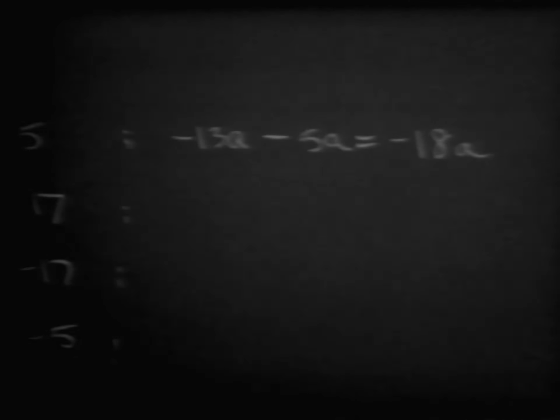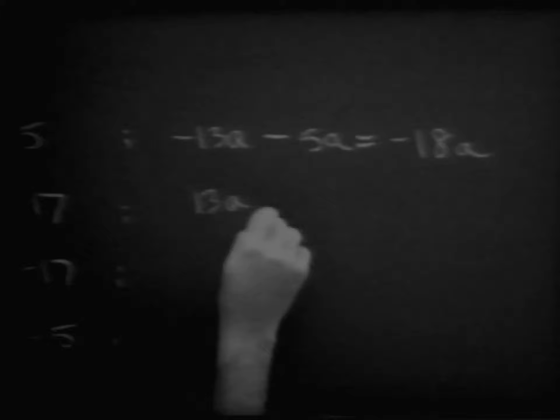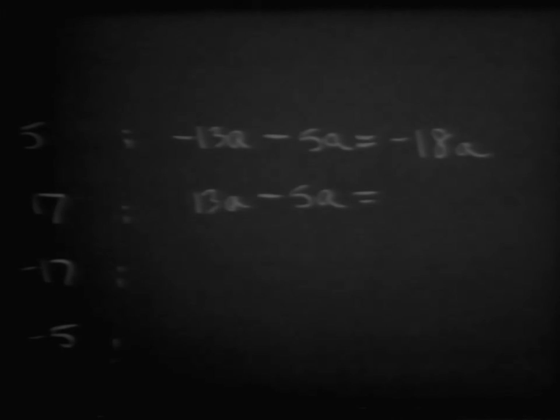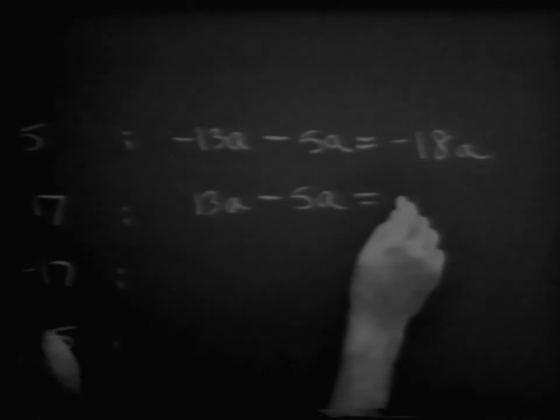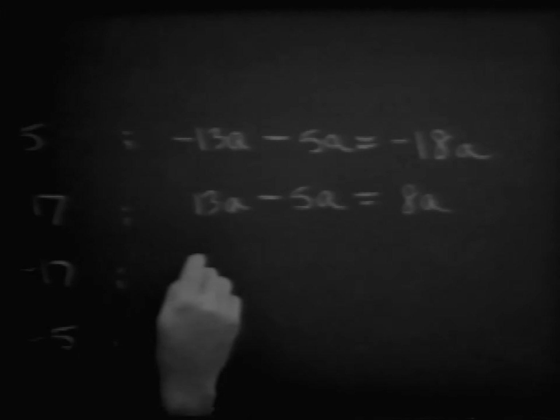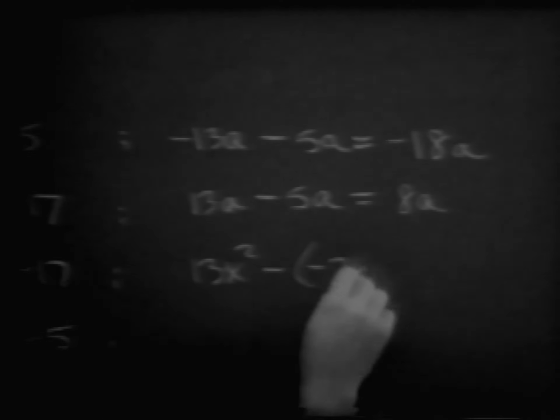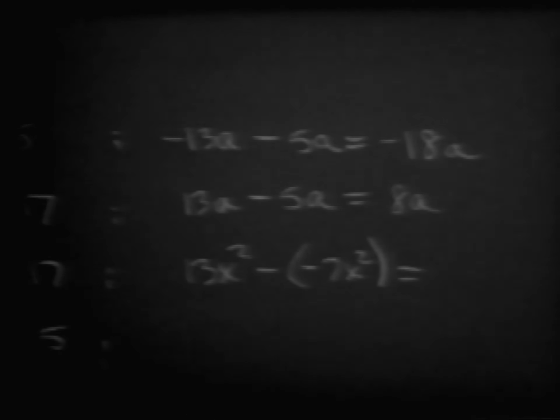Does everyone agree with that? Okay. How about 13a minus 5a? What can we say about this? Jane says it is equal to 8a. Does everyone agree with that? All right. How about 13x squared minus a negative 7x squared? What then is this equal to?